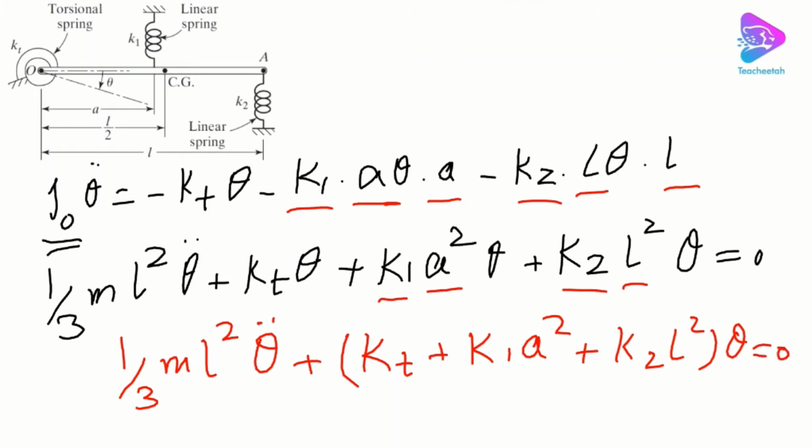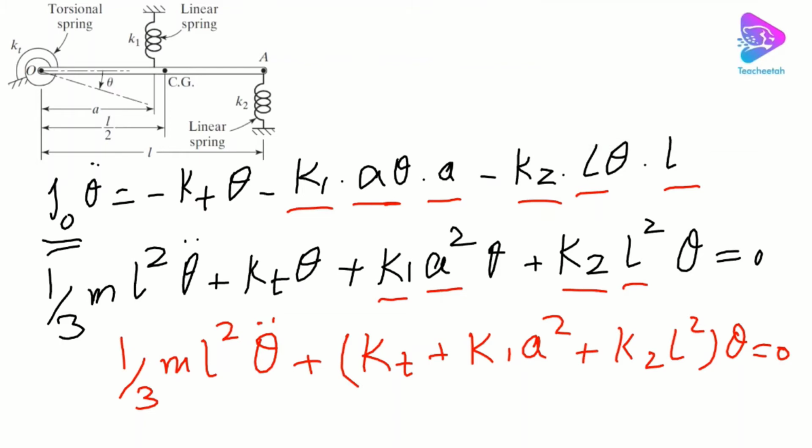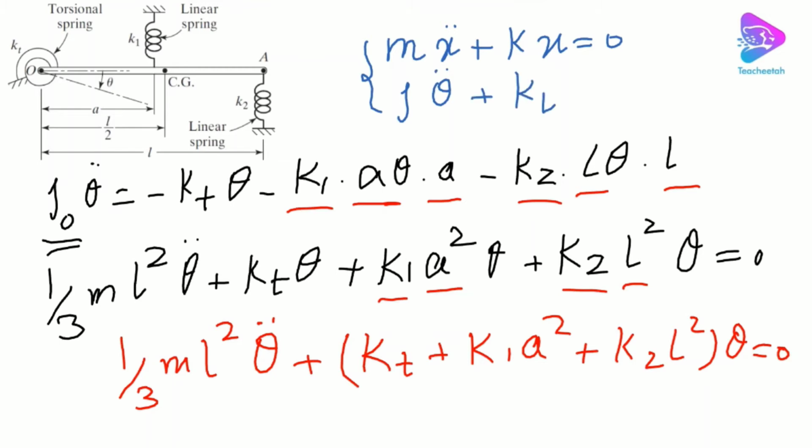So if we have a closer look at this equation, and knowing that for a single degree of freedom we ended up with M x double dot plus K x equal to 0 for a linear or translational motion, and for a rotational motion we have J theta double dot plus K_t, the torsional stiffness, times theta equal to 0.